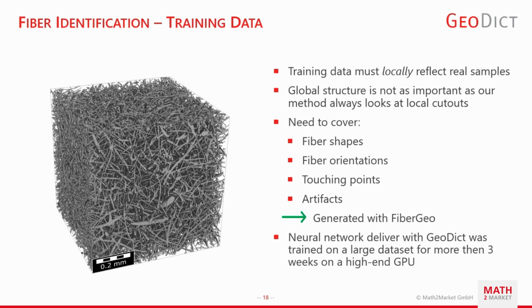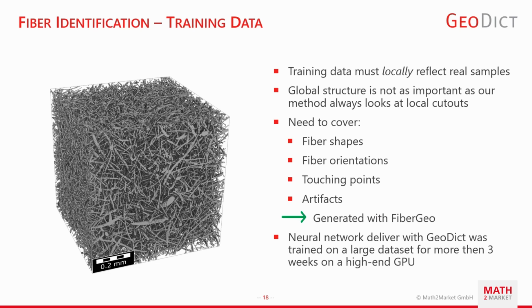So it doesn't matter if we actually match, for example, the solid volume fraction and stuff like this, but what we need to cover is different shapes of fibers, how the contacts between fibers look, what kind of artifacts are in the CT scans, different orientations of fiber contacts, and all the stuff we can easily create with FiberGeo.